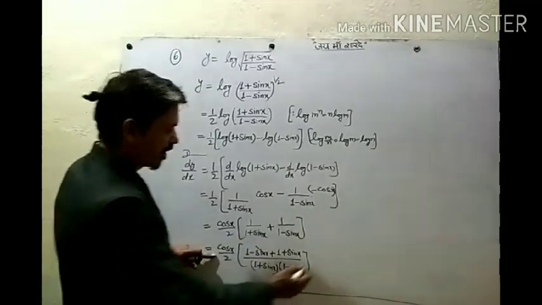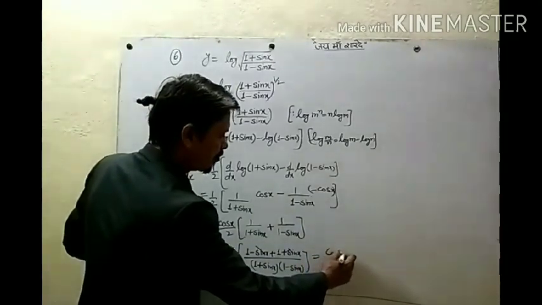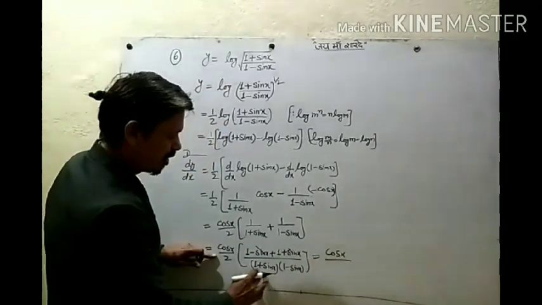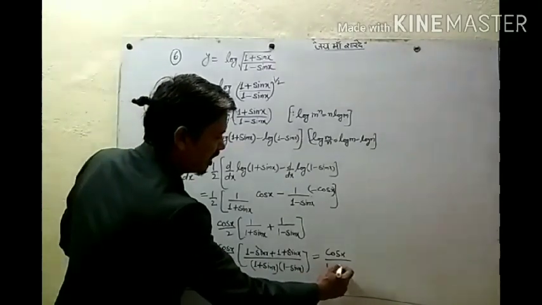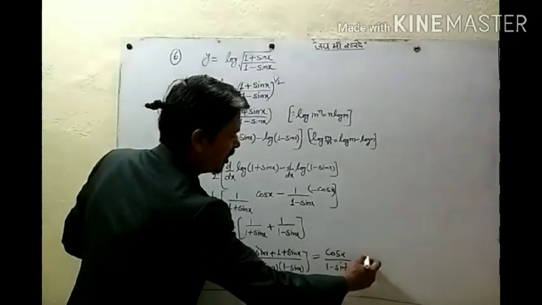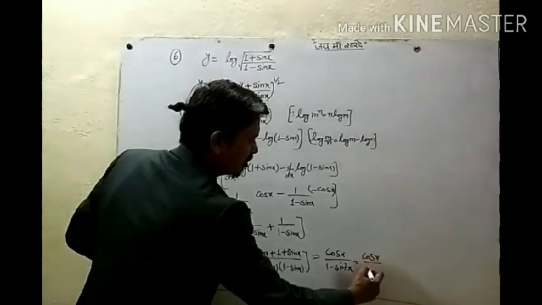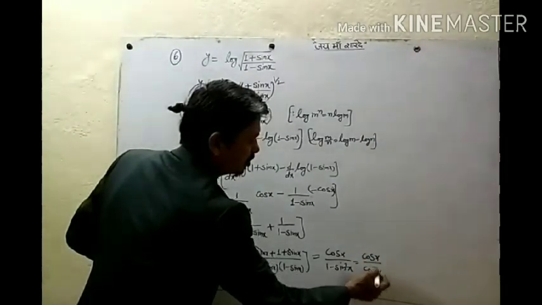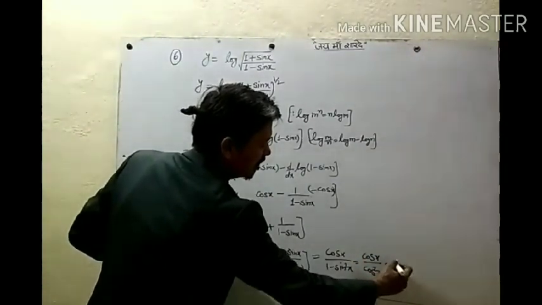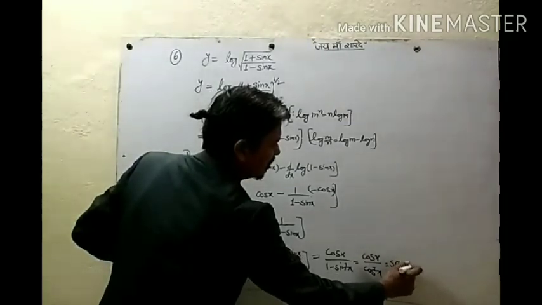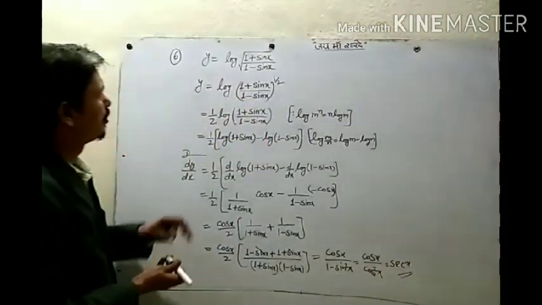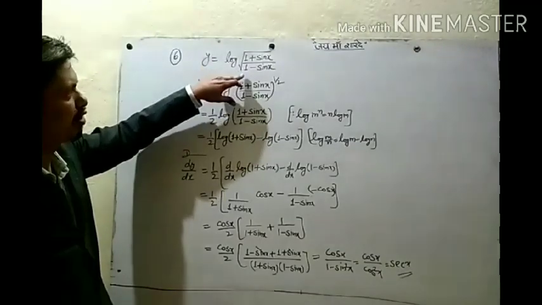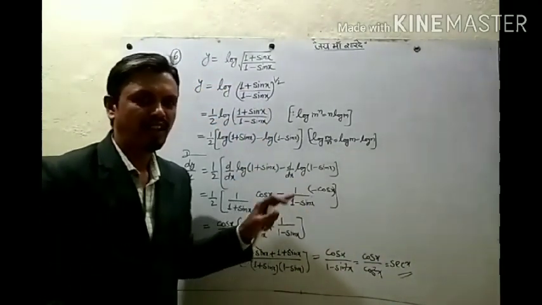So we get cos x upon 1 plus sin into 1 minus sin, which is 1 minus sin square, and that is cos square. One cos cancels and you get 1 by cos, that is sec x. So the derivative of log of root of 1 plus sin upon 1 minus sin is sec x.